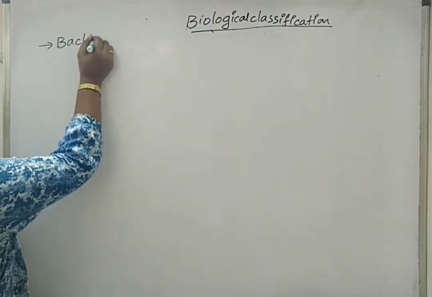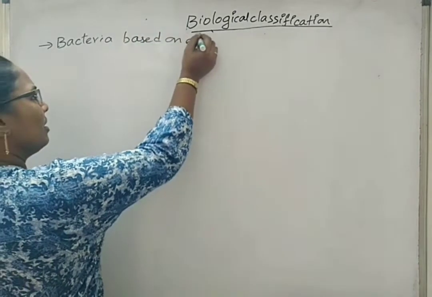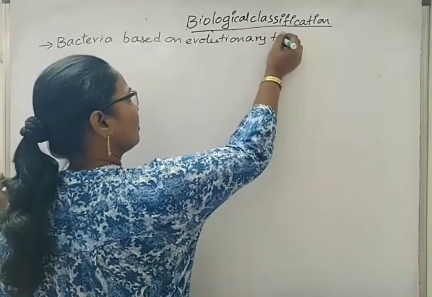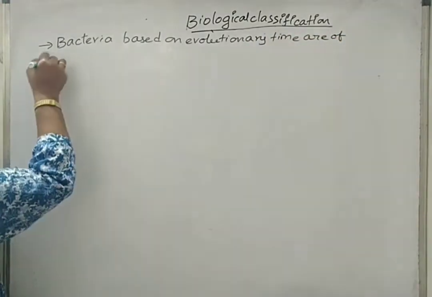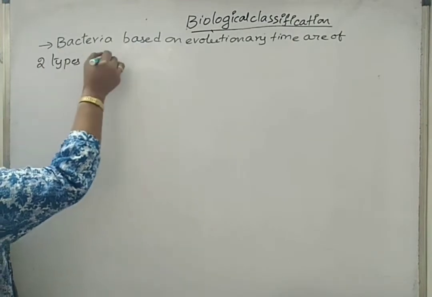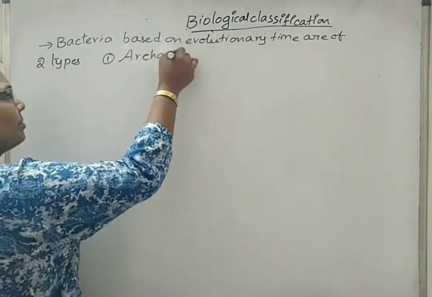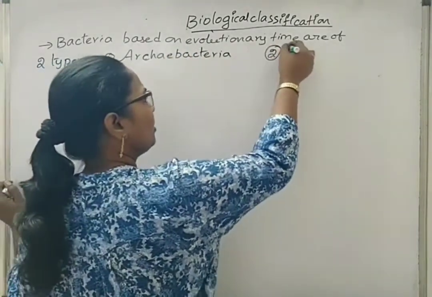Bacteria based on evolutionary time are of two types. One is Archaebacteria. Second one, Eubacteria.